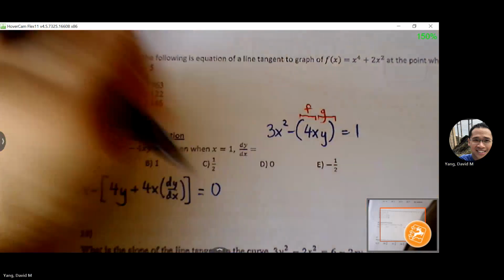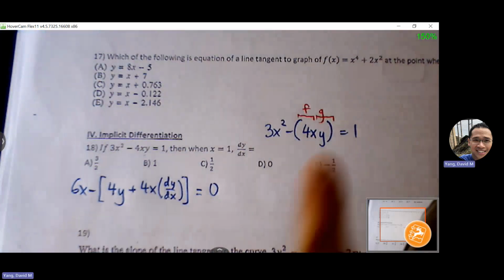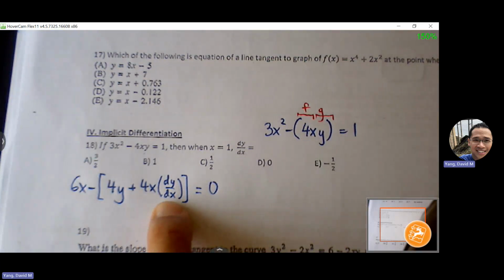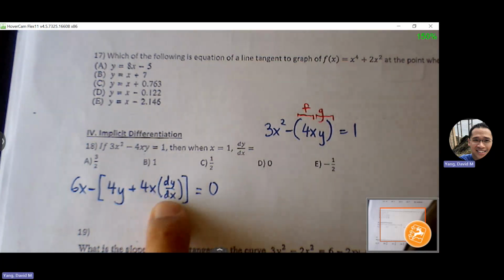0. Okay. So there's only one y variable here, so that means there's only one dy/dx that should show up. But now we can distribute the negative through and solve for dy/dx.